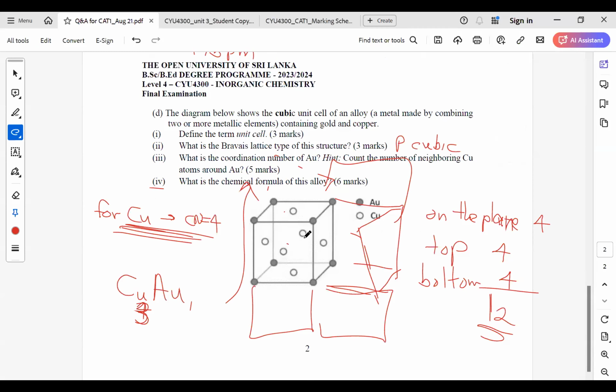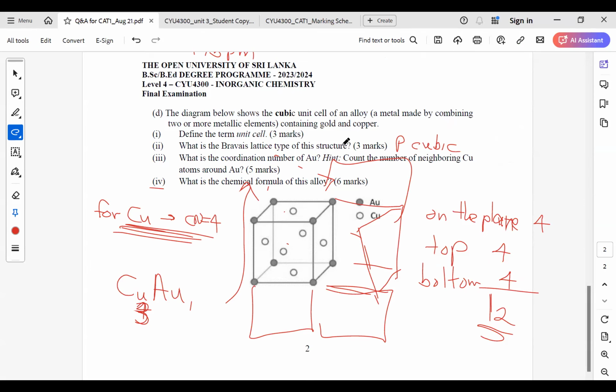Number 2, what is a Bravais lattice? Ma'am, why do we consider this as a primitive cubic, because there are 4 copper atoms in face center positions? So why do we consider it as primitive?